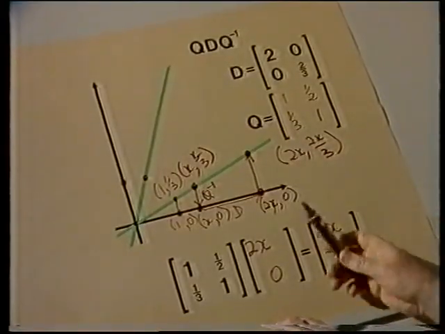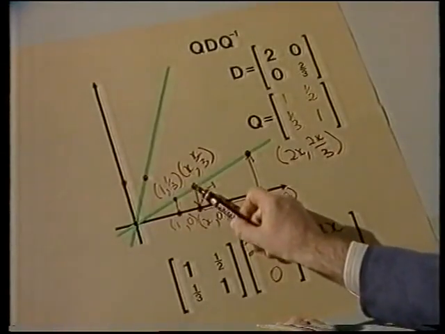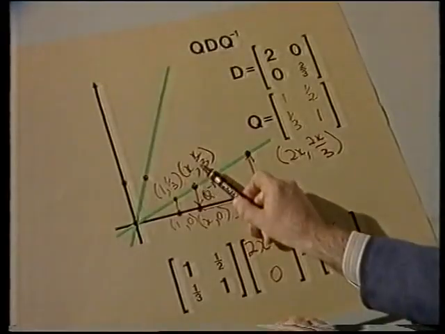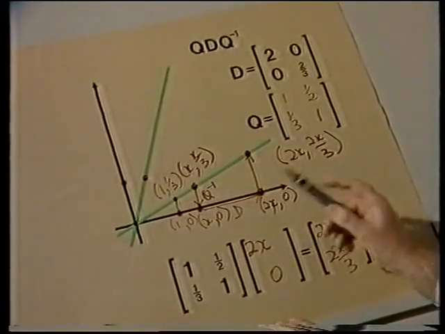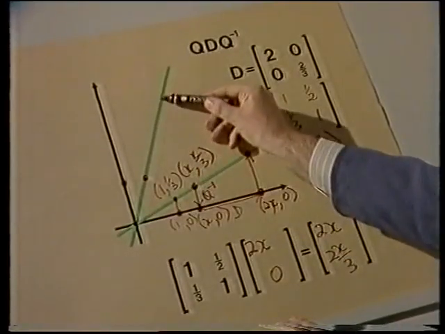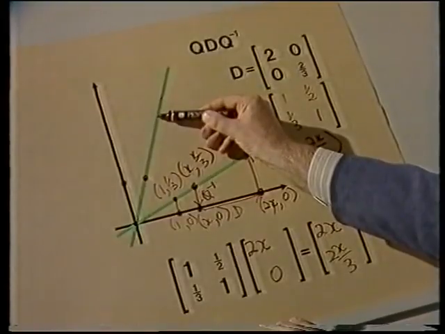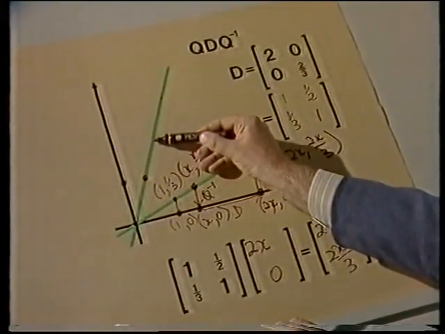So we can see that applying the 3 transformations does scale along this eigenline by a factor of 2 because the coordinates have just got multiplied by 2. And the same thing happens along the other eigenline. If we take a point on the other eigenline, it will be scaled by a factor of 2/3.